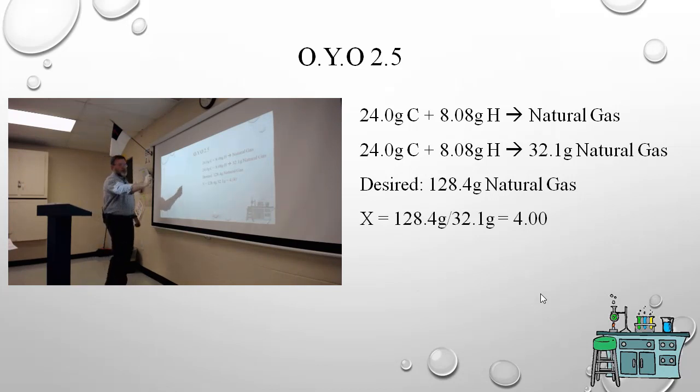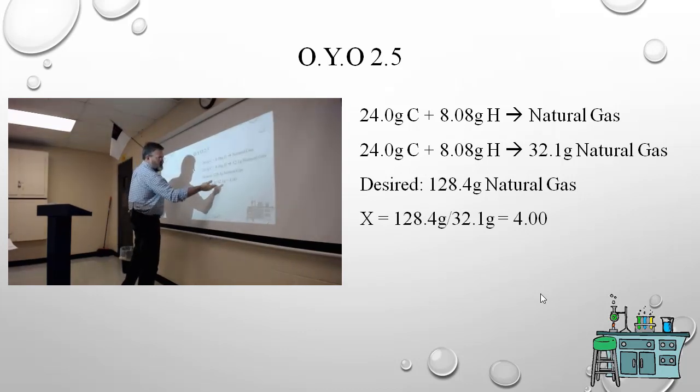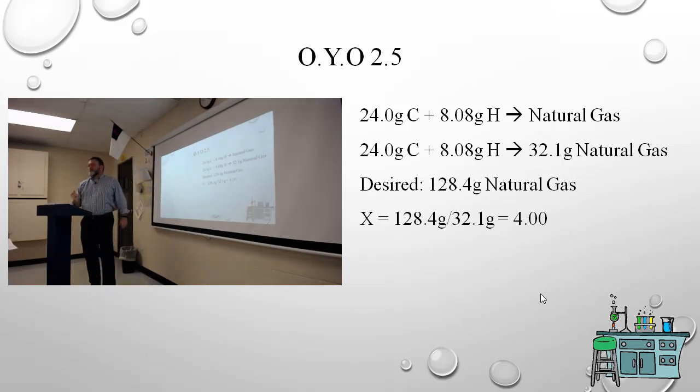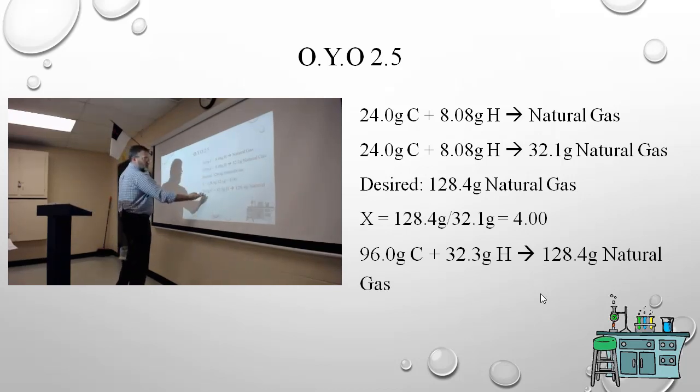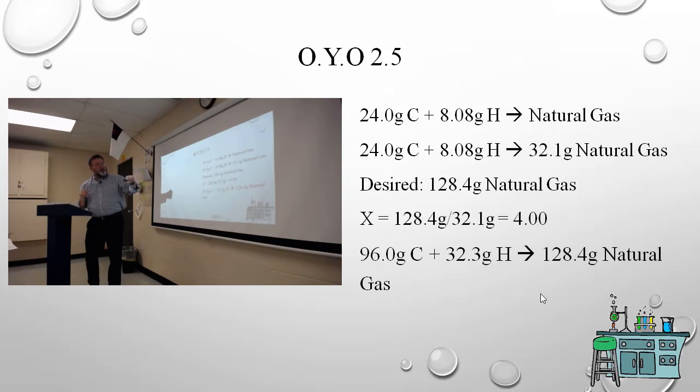So our multiplier here is 4.00. Again, 4 sig figs, 3 sig figs, division, least sig figs, 3 sig figs. So we need to make 4 batches of the recipe that gives us 32.1 in order to get the 128.4 that we've been required to make. So 4.00 times 24.0 gives us 96.0, and 4.00 times 8.08 gives us 32.3 grams, and that produces 128.4 grams.